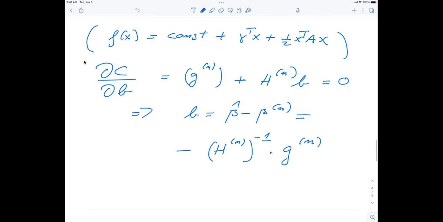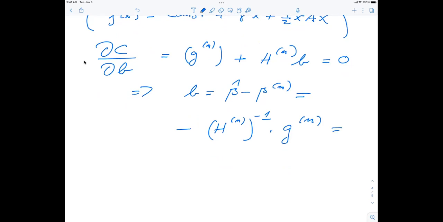And when we now shuffle over beta of n, we have now the optimal value, which we can rewrite as beta of n plus 1. So we have reached the optimal value at iteration n plus 1.